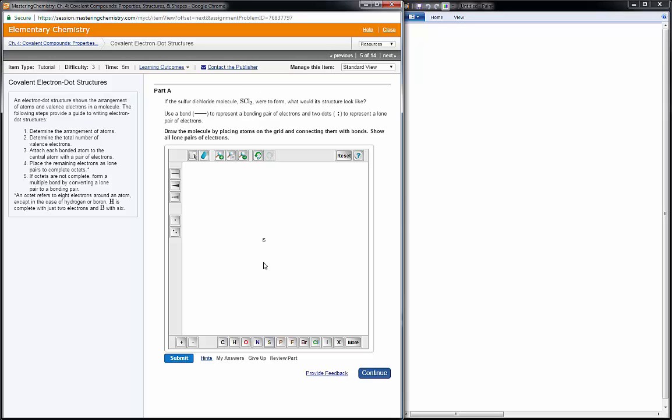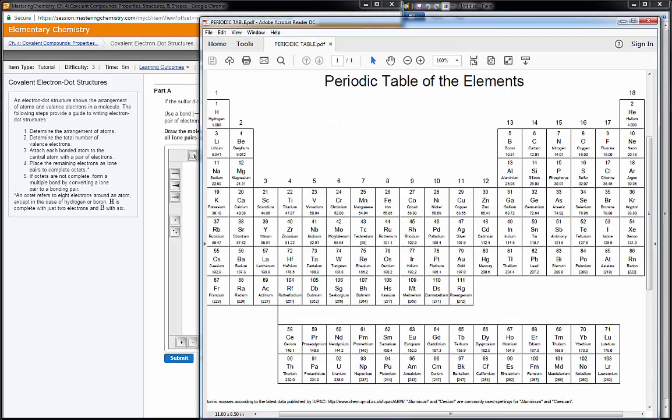But in any other case, the first atom listed is in the center, and all of the other atoms are bound to it. So SCl2 has a sulfur in the middle with two chlorines bound to it. So that is the arrangement of atoms, and you have to have at least a single bond or else those atoms aren't part of the molecule. Now we need to know how many total electrons we can distribute in this structure, and we look at the periodic table and see how many valence electrons are available.